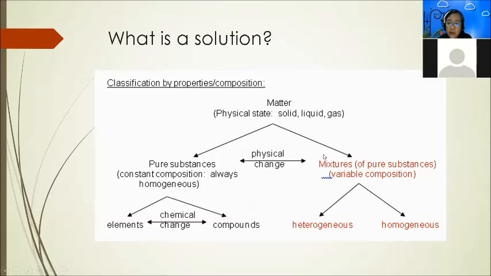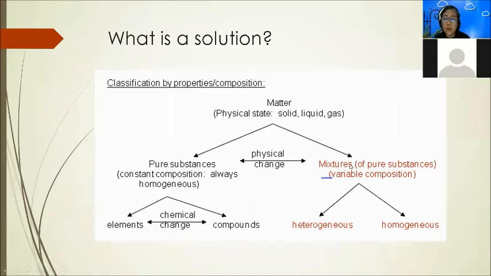The part colored red is what we will talk about, because mixtures are of two kinds: heterogeneous and homogeneous. It's in this part, the homogeneous mixtures, that are actually solutions. All mixtures that are homogeneous in nature are called solutions. It's this part here.